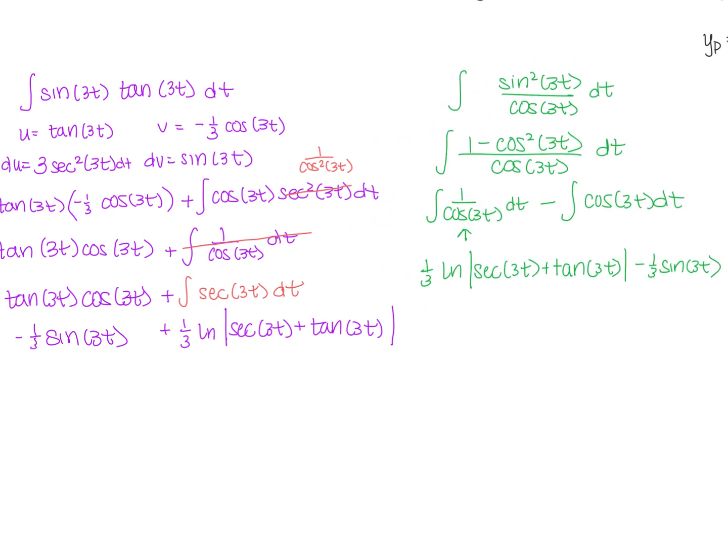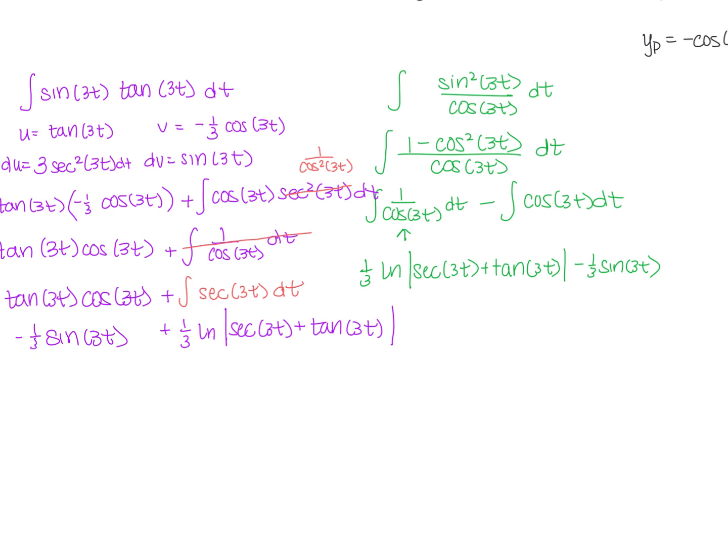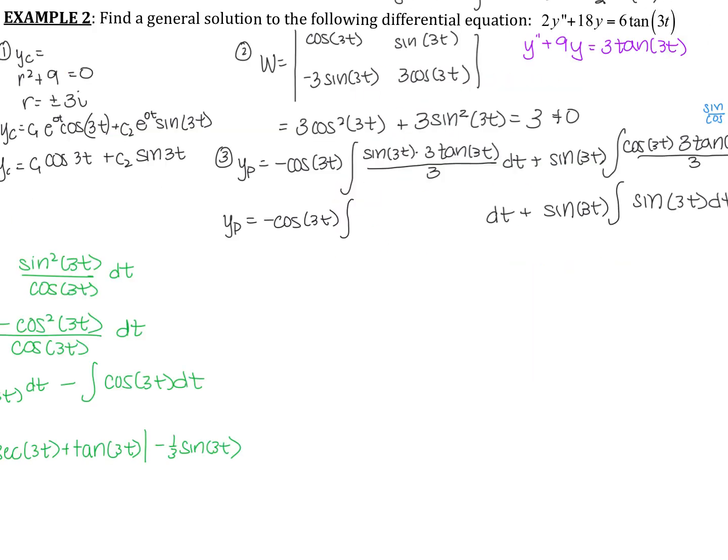So let's see if I can't move this all back over. Okay, so we get that this integral that we had here, which we could have rewritten as sine squared of 3t over cosine of 3t. However we wanted to do this, the end result is this.